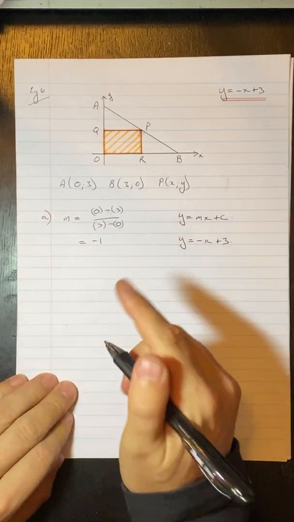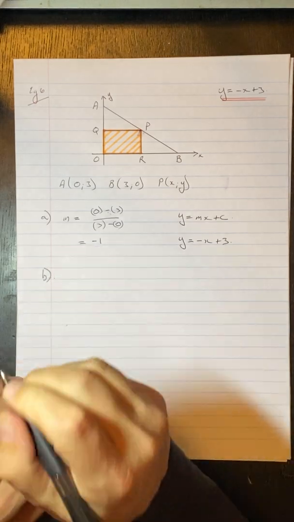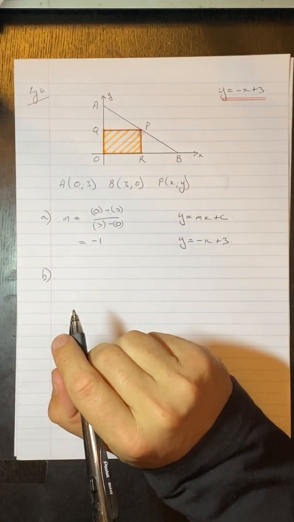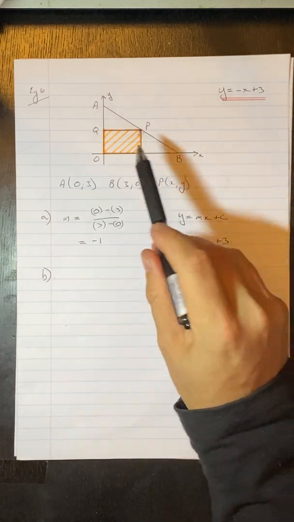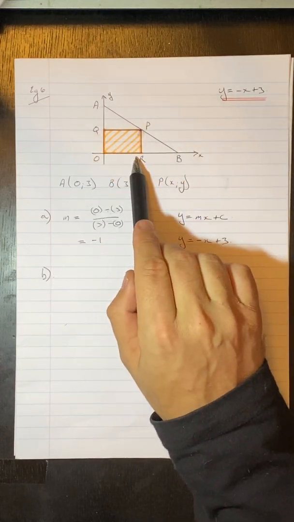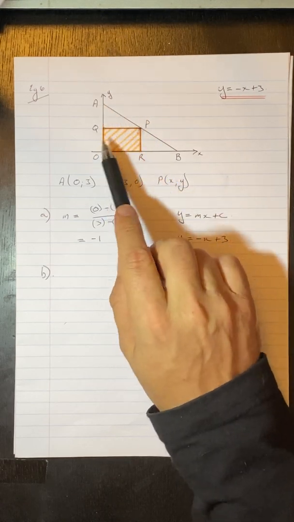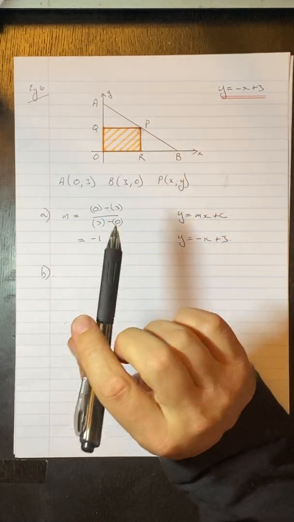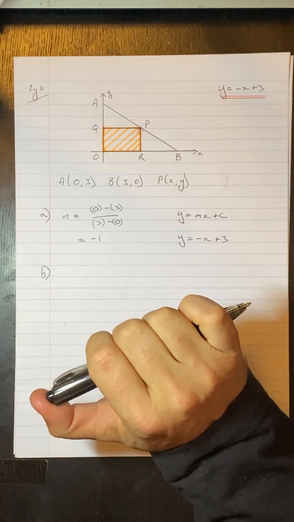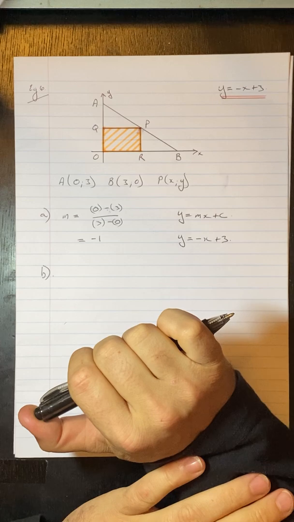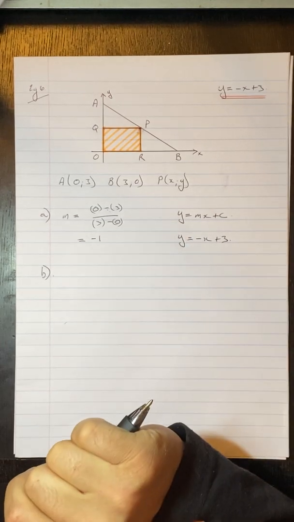Okay. Question B is saying, show that the maximum area of PQOR is half the area of triangle AOB. So what I need to do is find the area of our rectangle first.